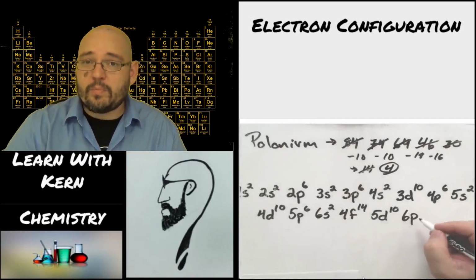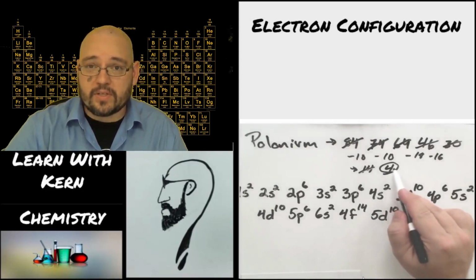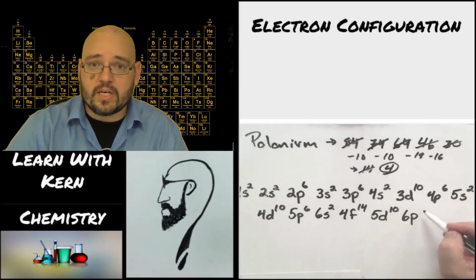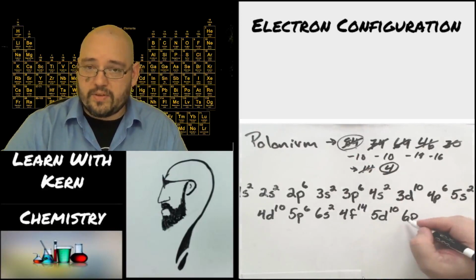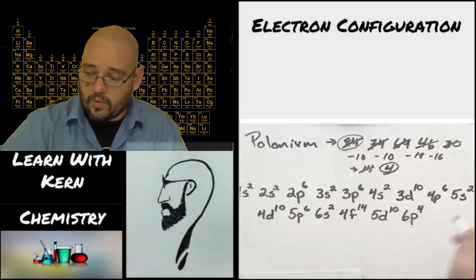Even though a p orbital can hold 6, I only have 4 electrons left. So I can't put a 6 there. If I wrote a 6 here, that would be wrong, because that would say I have 86 electrons when I only have 84 to start off with. Okay, so for 6p, I only have 4 electrons left, so this has to be a 4.